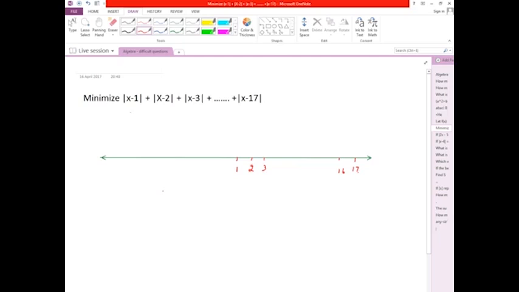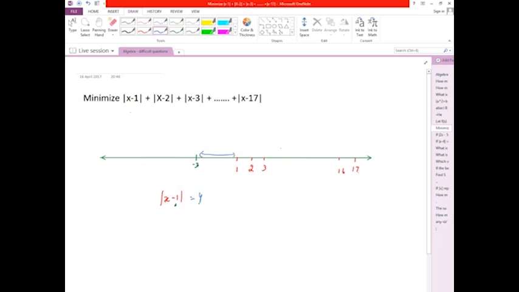So the way it is derived is mod x minus 1. You can also consider it as the distance from point 1 on the number line. What I mean is this: if x is equal to minus 3, the distance from 1 is 4, right? Minus 3 minus 1, which is equal to 4.